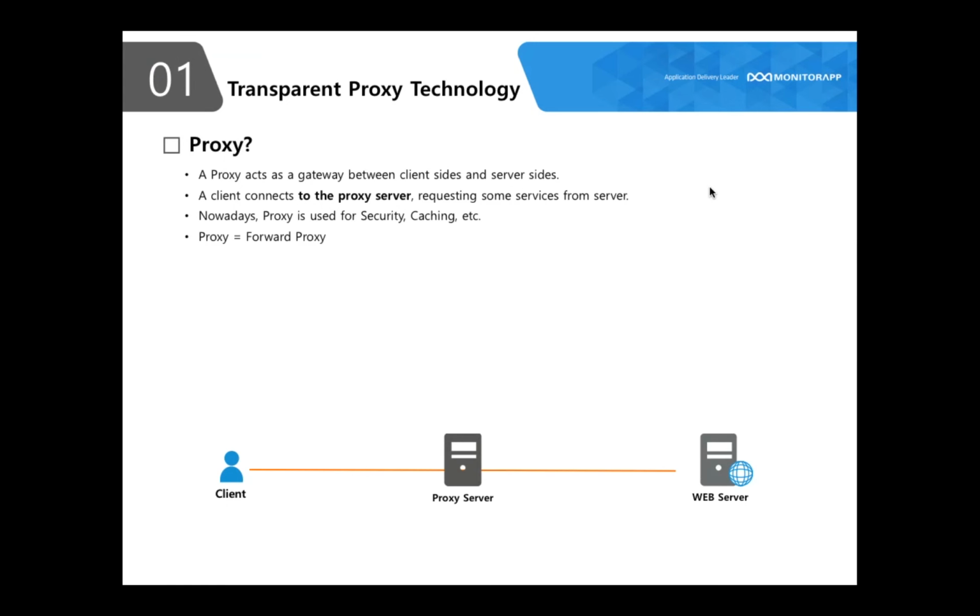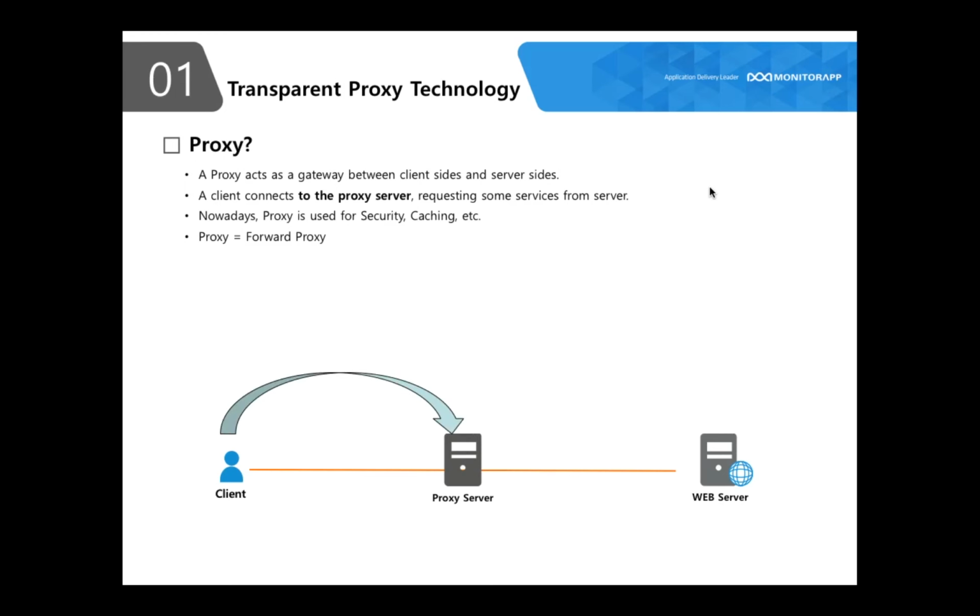In the security market, a forward proxy defends against abnormal attacks from the external internet. So it means it protects the client. And also the client connects to the internet through the proxy server. So the direction is coming from the client and heading to the internet or web services.